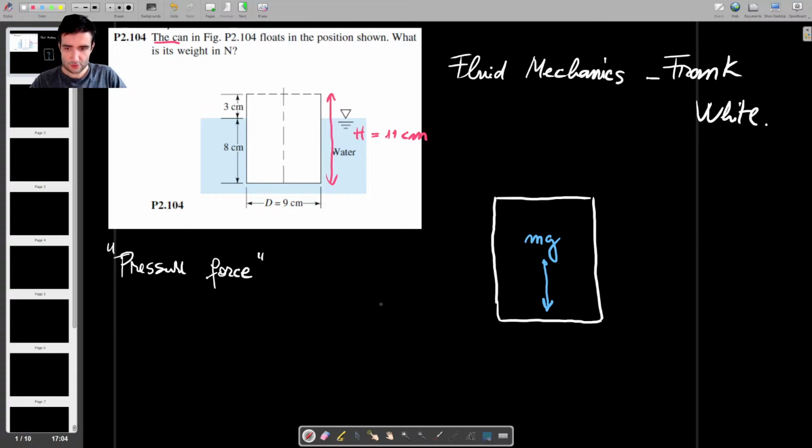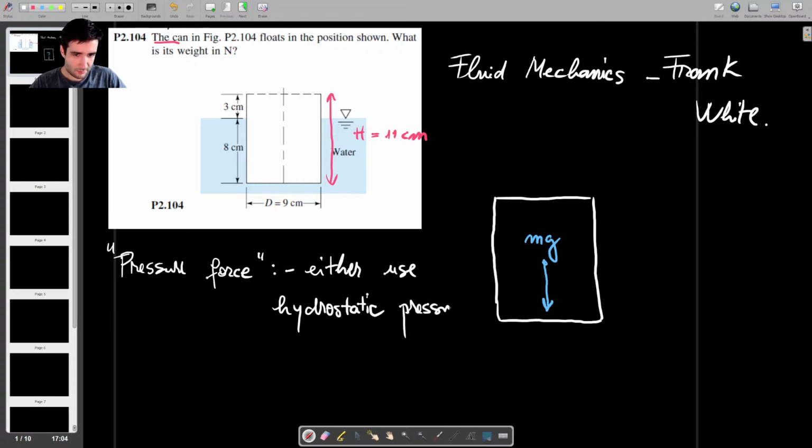You can think about the pressure force in two ways. You can either use hydrostatic pressure, which is the pressure acting at the bottom of the can.